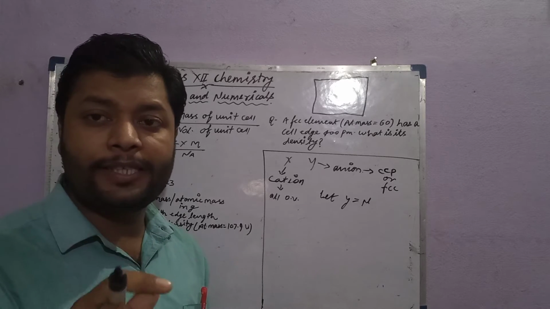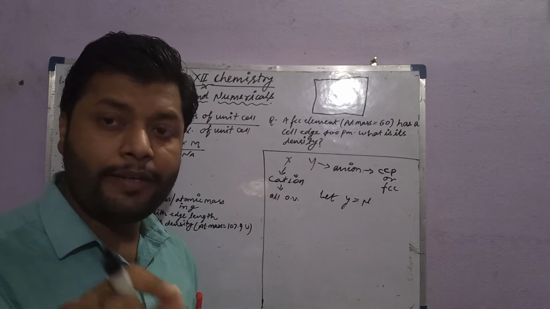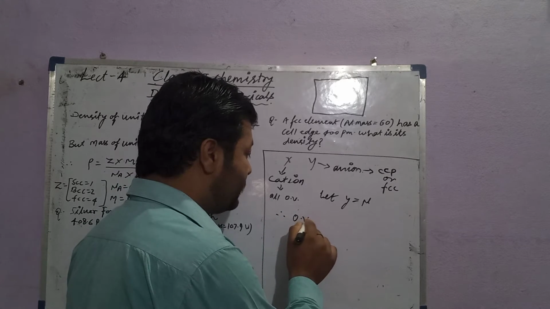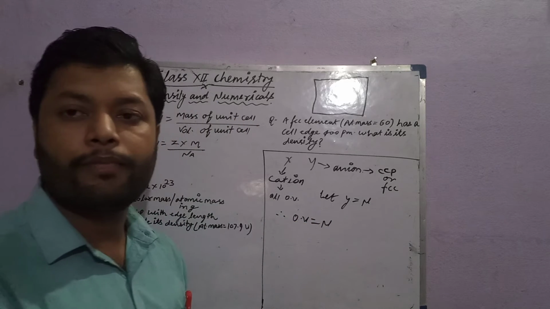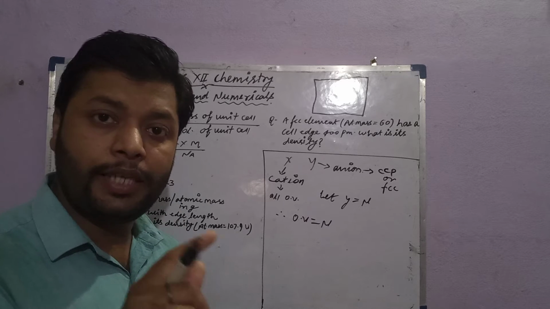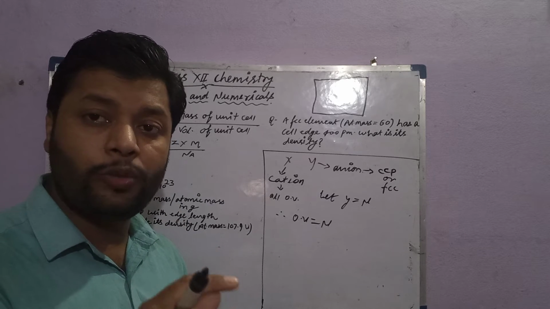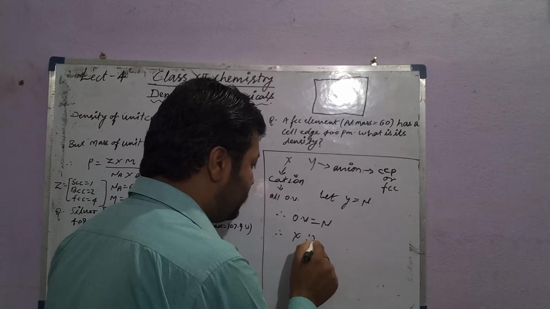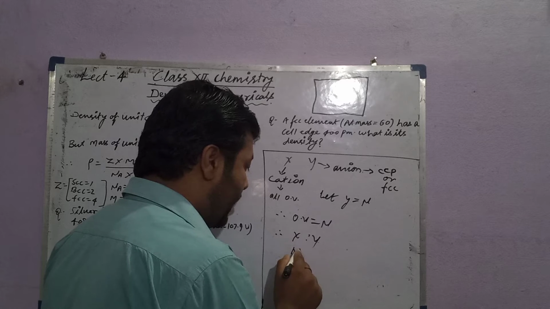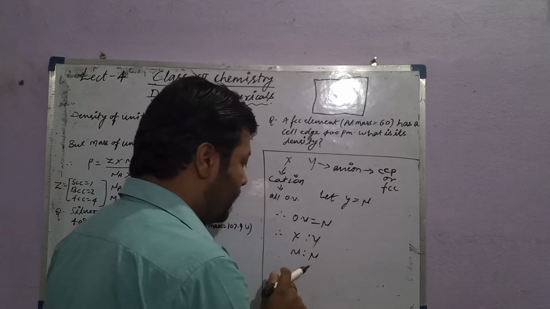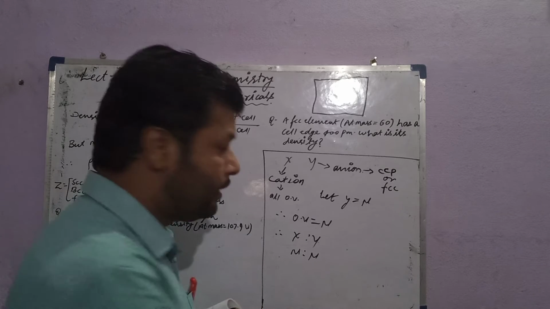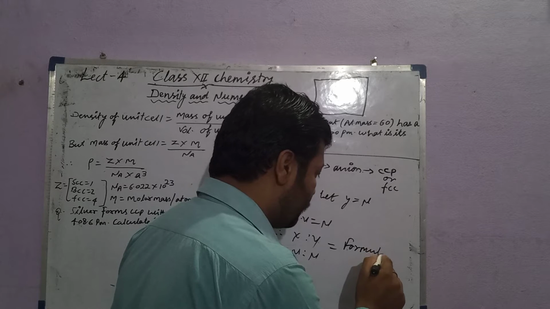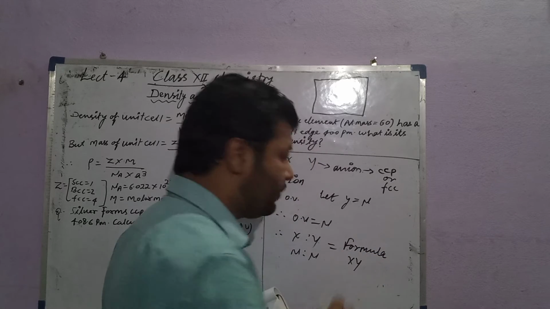If the number of particles per unit cell is N, octahedral voids are in the same number, so octahedral voids will also be N. Therefore X to Y will be N to N. N to N means the same in number, and the formula will be XY.